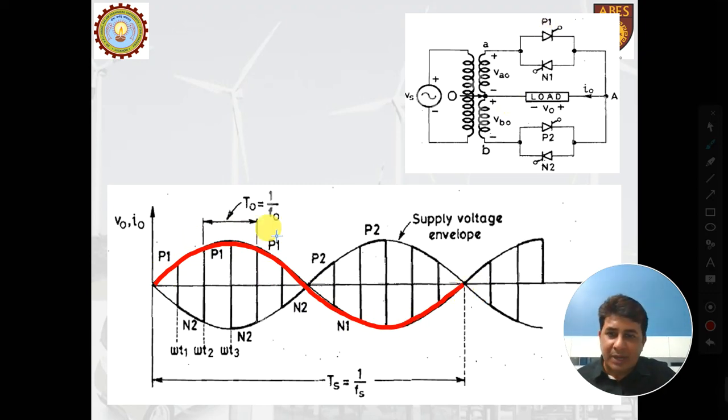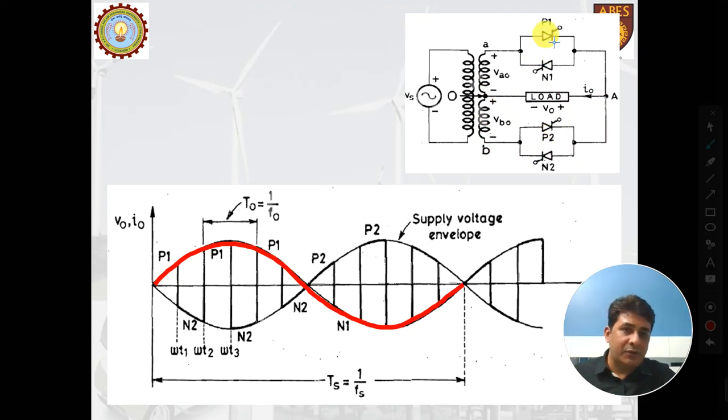If this red line shows the supply for P1, N1 at this time is reverse biased, N2 is forward biased, P2 is reverse biased. So basically for the upper group, it is forward biasing P1 while it is reverse biasing N1. From the lower group, it is forward biasing N2 while it is reverse biasing P2.